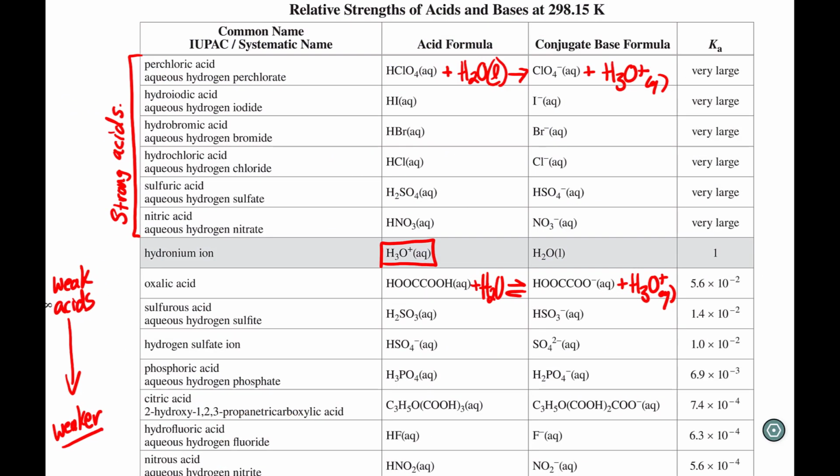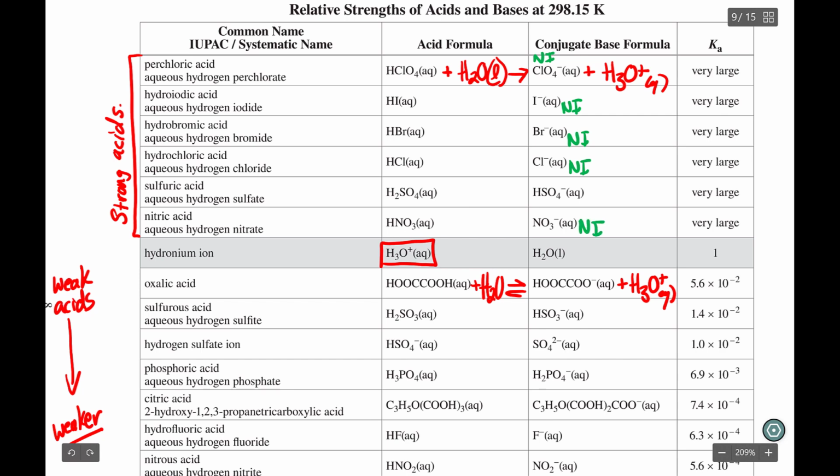So before I move on to my very last topic of strong and weak, I want to come back to the table here and just explain to you the neutral ionics, but also how to write an ionization equation for a weak base and just kind of show you where strong base is on this page. So to be clear, the neutral ionics are perchlorate, iodide ion, bromide ion, chloride ion, and nitrate ion.